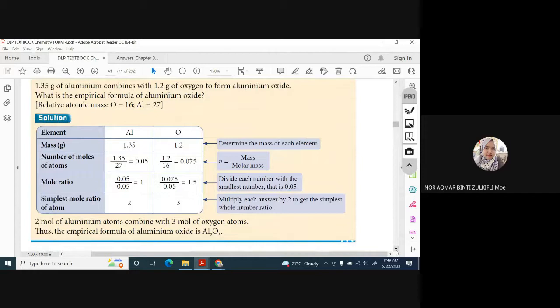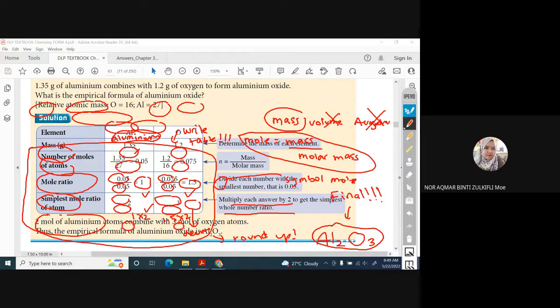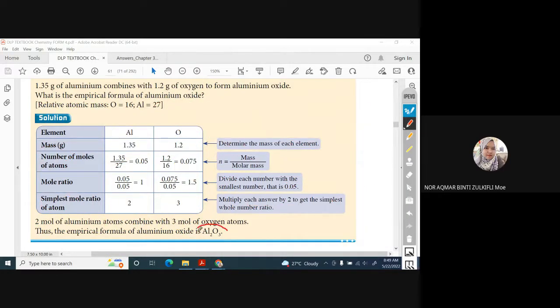Okay, thus the empirical formula for aluminum oxide is Al2O3. Okay, multiply each answer by 2 to get the simplest whole number ratio. Kita nak whole number. Tak mau yang perpuluhan ini. Decimal punya ni. Tak mau.